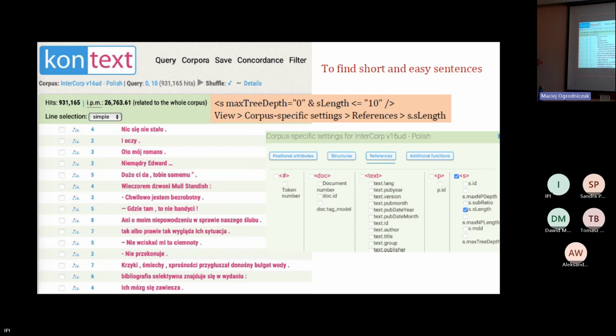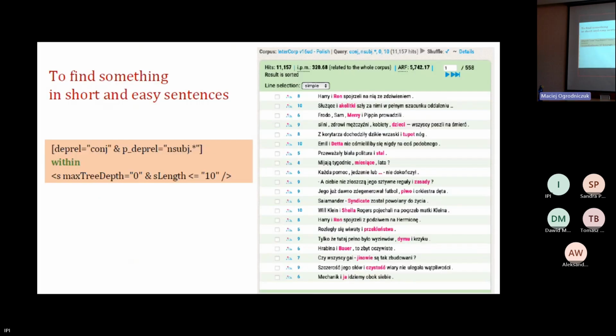In view, corpus-specific, sentence references, choose length. Now you don't pick structures but references, and the difference is that the numbers are shown in a specific column, but you don't know what that is. Just looking at the concordance, you have to remember that you clicked on sentence length. You can also combine that.